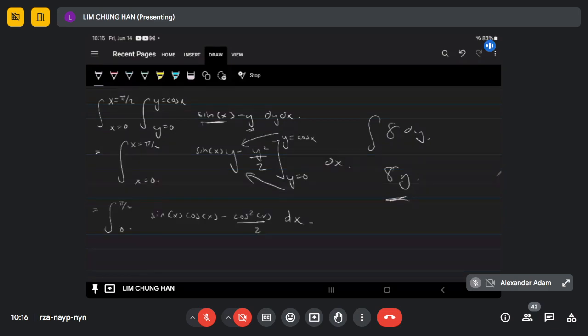Okay. Now you integrate this against x, then finish. How do you integrate this against x? Cos x sine x, how do you integrate cos x sine x against dx?